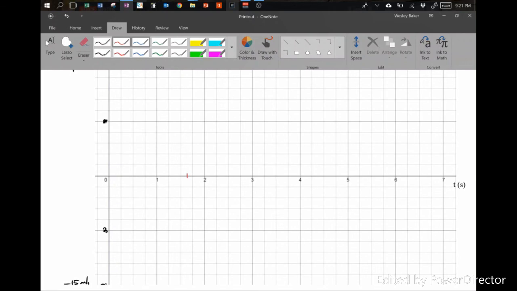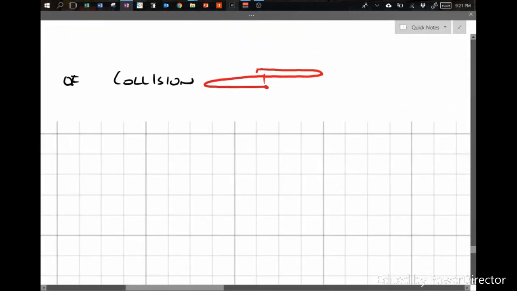If we're looking at this little squiggle that I made up here, right here is time equals 0. Here, time equals 1.7 seconds. And right there is half of that. Time is the period over 2, 1.7 divided by 2, 0.85 seconds.